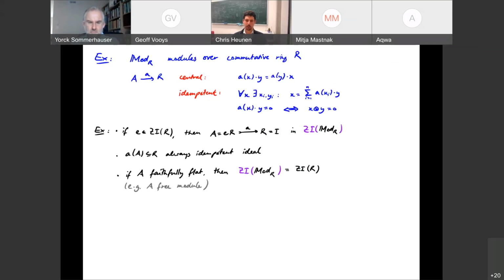Now I've written out here what it means to be central and what it means to be idempotent. So the conditions of the definition are translated algebraically into the following. If you take two arbitrary elements x and y of your module, then a(x) times y should be the same as a(y) times x. And also for every element in the module, I want there to be a finite number of elements in the module such that I can write the given element as a sum of a(x, y_i) times y_i.